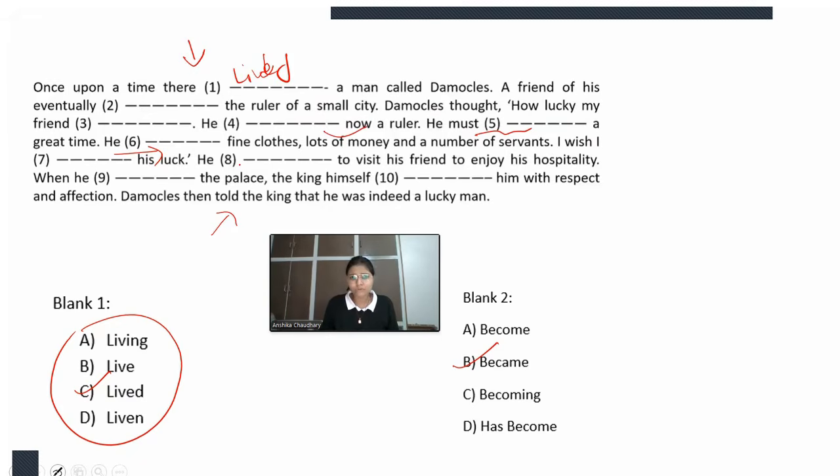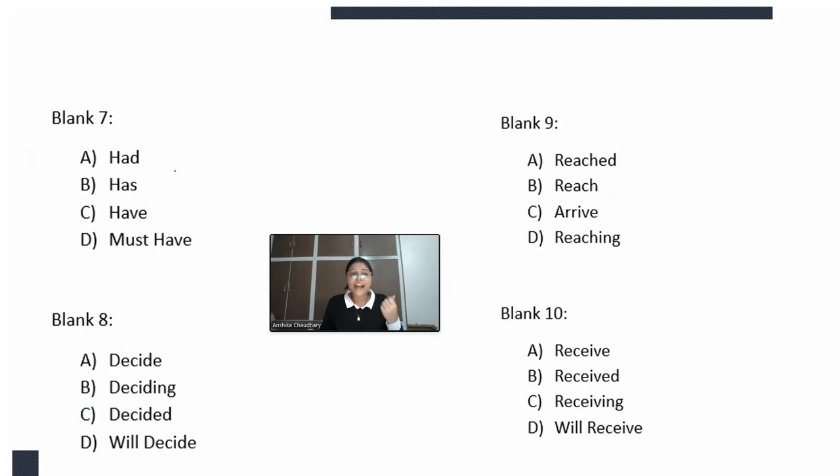Moving forward, I wish I, then the seventh blank, his luck. I wish I, his luck. The options available are I had, has, have, or must have.